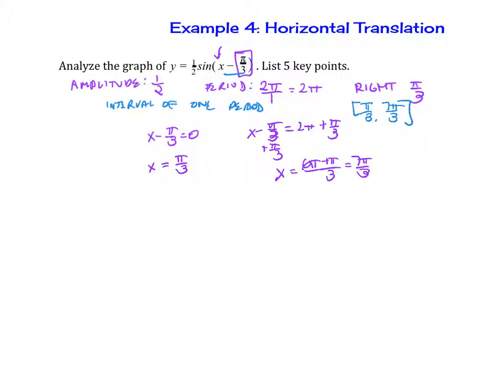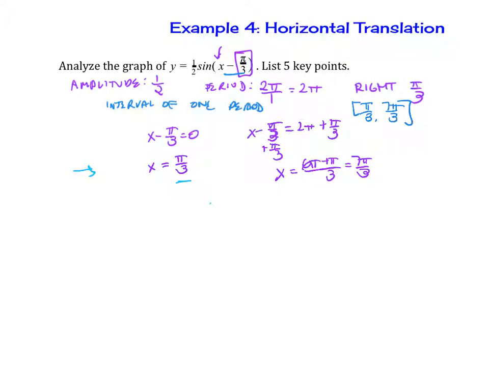That's one period. So one way to look at this is that we want to list the 5 key points. We're actually not graphing. And so we have to identify what we're actually doing to the parent function. So the pi over 3 is affecting all of our x values because it's shifting everything to the right.